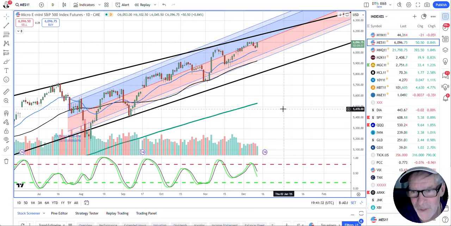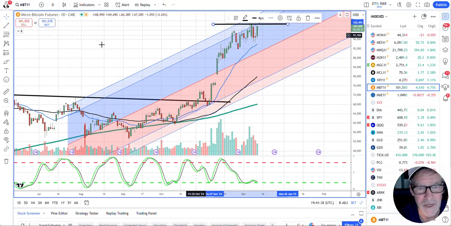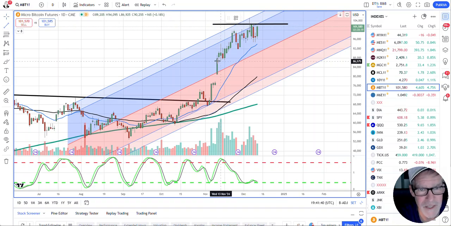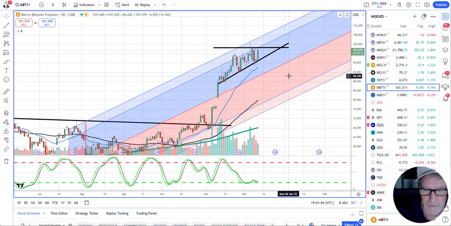All right, so I wanted to take a look at Bitcoin. We're back up over 100,000. It is in a very tight trading range here, so we can't get too excited yet about getting back up over 100,000. It is very likely that we'll be right back down to 97, 98 in the next couple of days. But what is very bullish here is that the lows of each of these dips are getting a little higher each time.